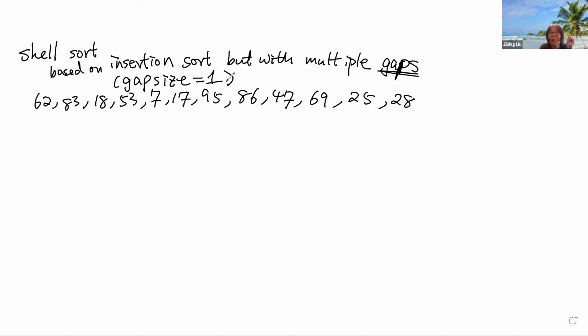That means when you compare and shift, you just do 1. The issue is if a number is farther away from where it's supposed to be located, it takes quite a while to move it to its right location. So the researchers thought, can we choose some larger gap size?